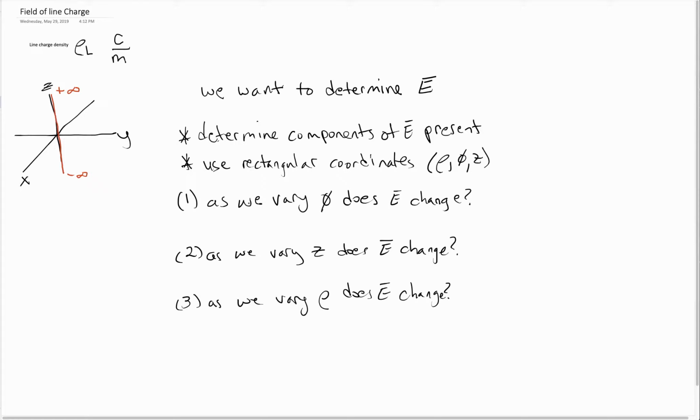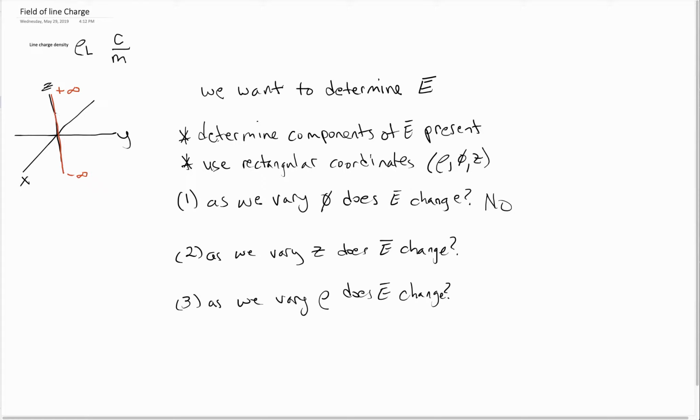So as we vary phi around the line charge, does E change? So if we go around it, no, pretty much at every point the electric field is the same. And so this is a no. It's basically constant as we go around.